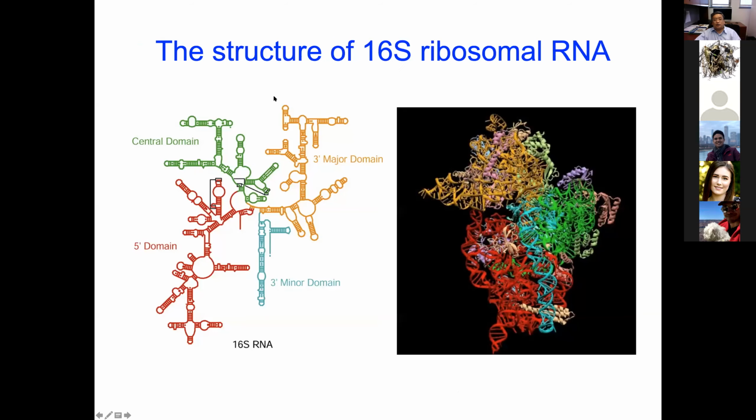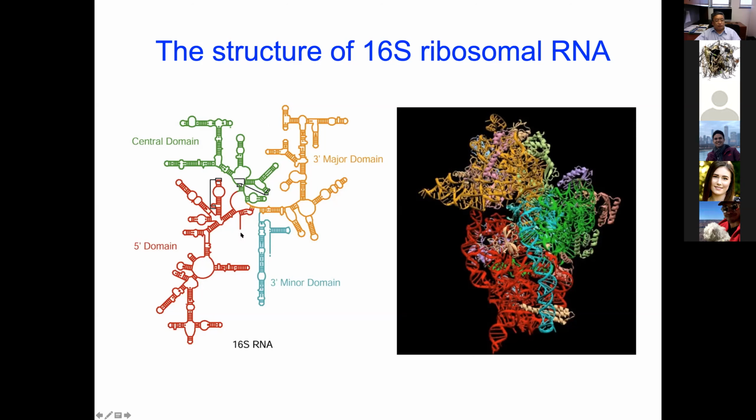Here I show you the structure of the small subunit. This is the schematic showing the secondary structure of the 16S ribosomal RNA. It is a lot simpler than the large subunit because it is a much smaller RNA. But still, you see it can fold into four domains, each with a different color. And this is the actual structure, color-coded accordingly.